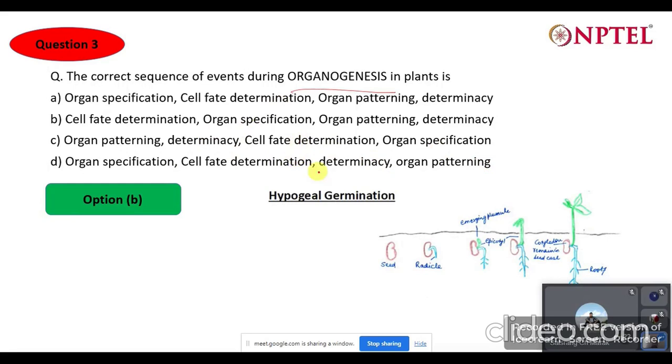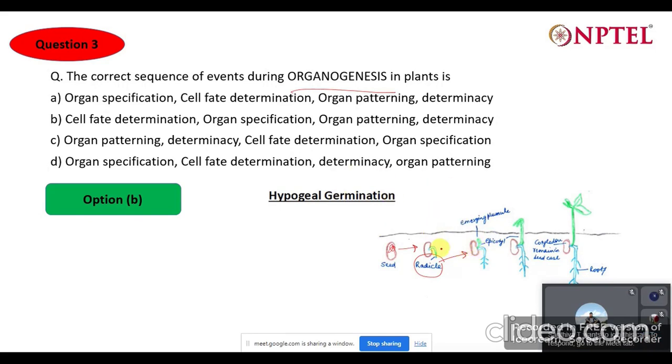Why? This can be explained from the given diagram. If we see the seed germination, first the cells that are present here are determined to a specific organ. That's how the radicle is formed, and we know that the whole root originates from the radicle.